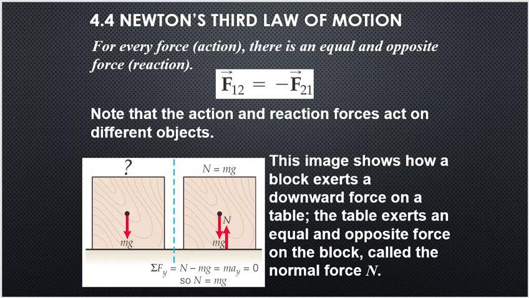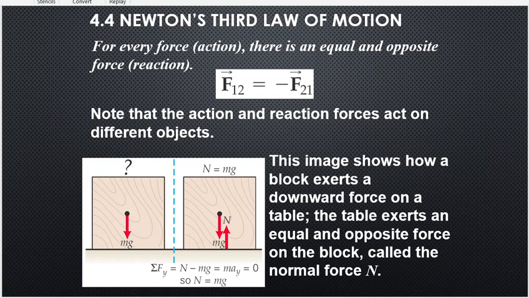And that force we typically describe as the normal. And right here they're showing that normal force. So when a weight pushes down on a surface, the surface pushes back up with what's called a normal force. We'll talk more about that in class, but basically the normal is going to be perpendicular to the surface.